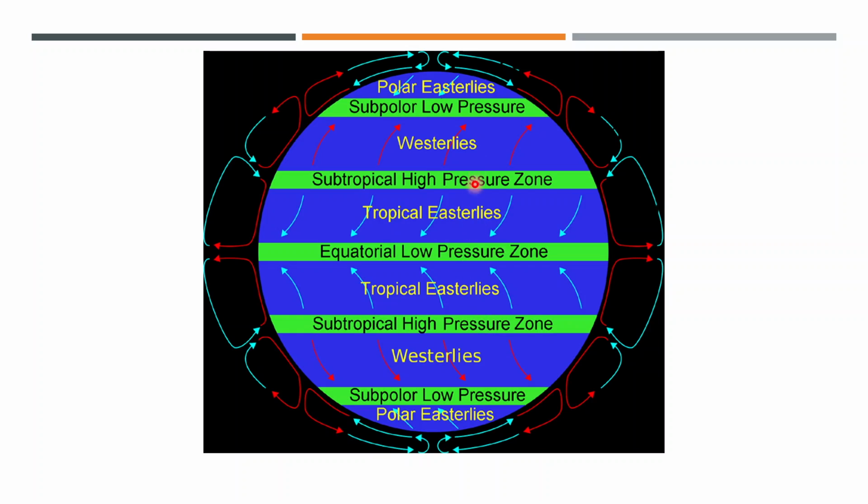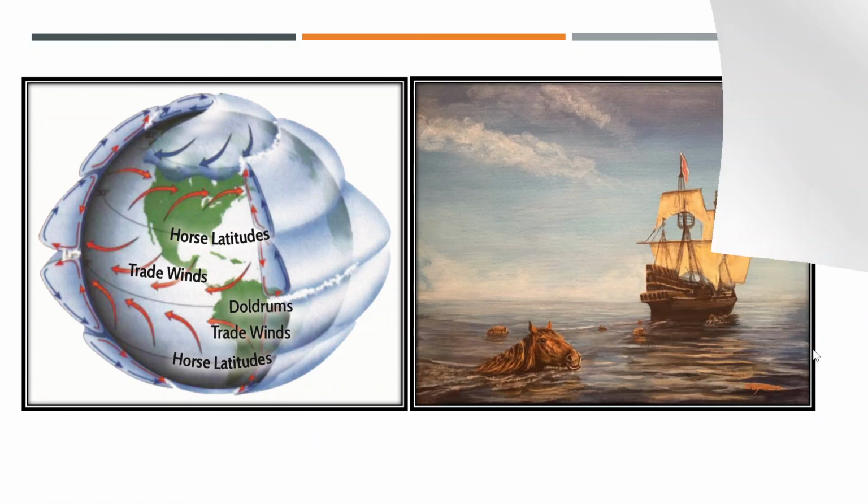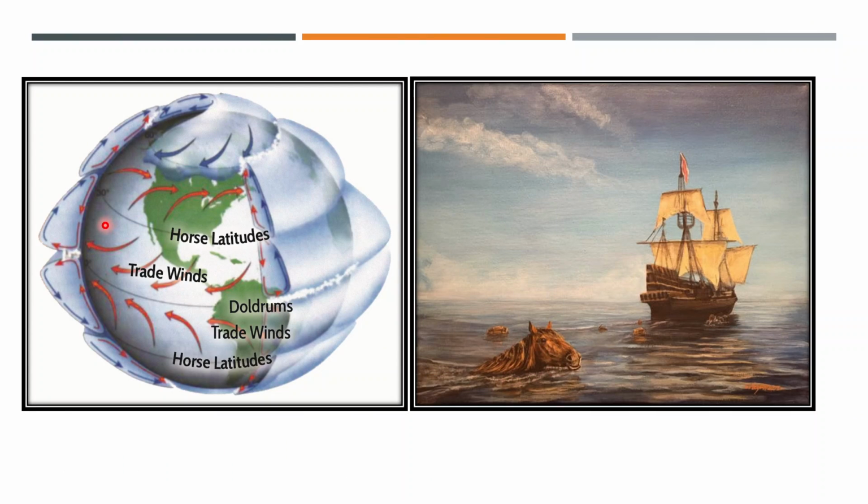Another reason is, when we determine the sphericity of the Earth, we find that this region is having a lesser width than that of the equatorial region. As a result, this area, 30° north and 30° south, forms the subtropical high pressure zone. This area is also known as the zone of horse latitudes.